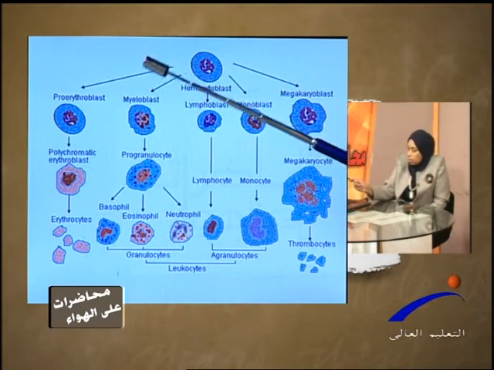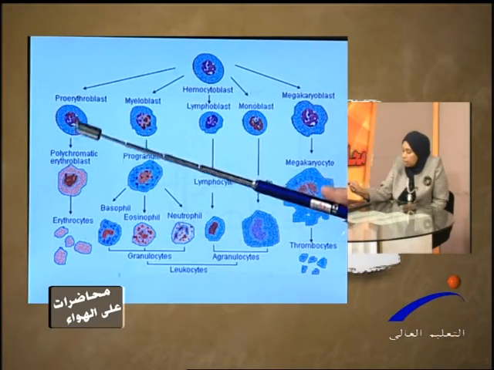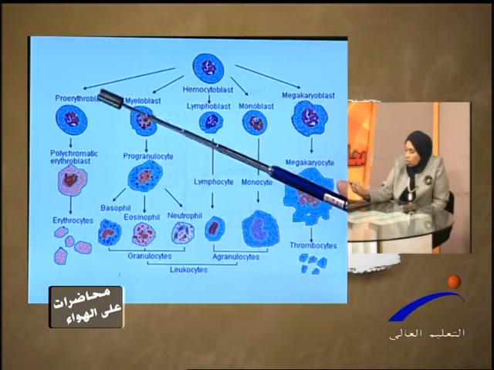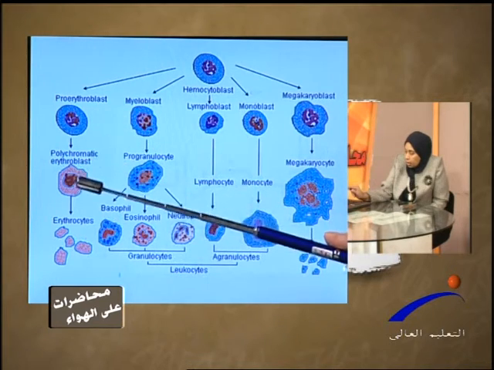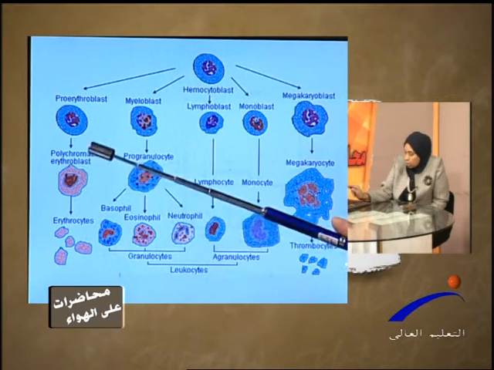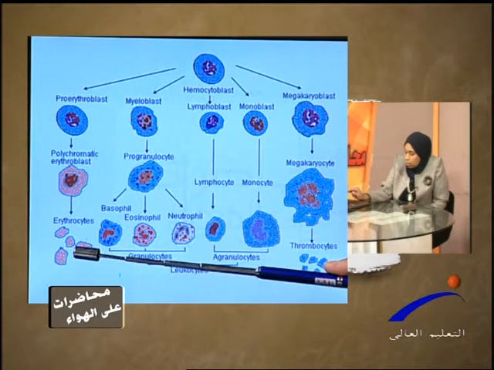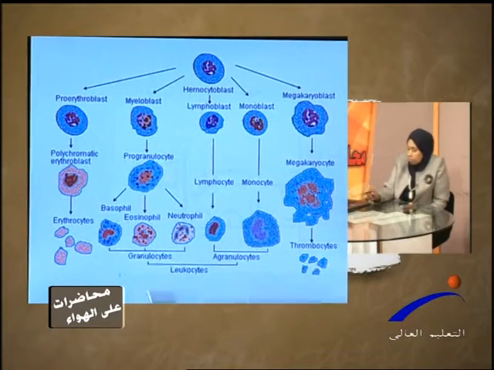But when it becomes a proerythroblast, that means it becomes unipotent. Unipotent gives lineage only to erythrocytes. So the proerythroblast, under erythropoietin, matures and proliferates into erythrocytes.